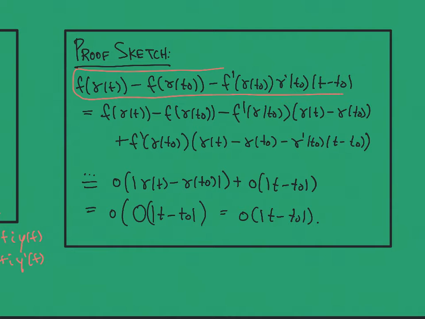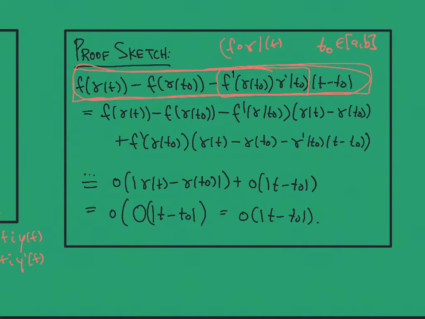So we want to show that this composition function is differentiable at some point t naught, and we want to show that this is its derivative. The way we show that is we attempt to show that the expression here is little o of t minus t naught.